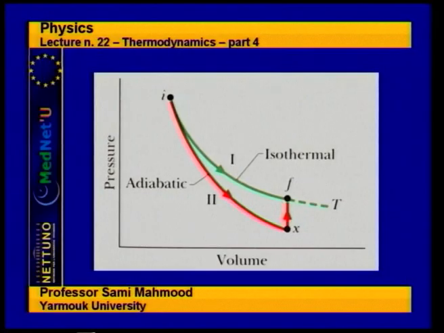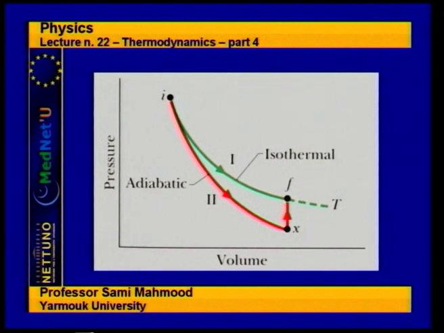Vf, and we increase its temperature. We take it through a constant volume process from X to F. That way, in these two processes, IX and then XF, we have taken the system from an initial state to a final state.